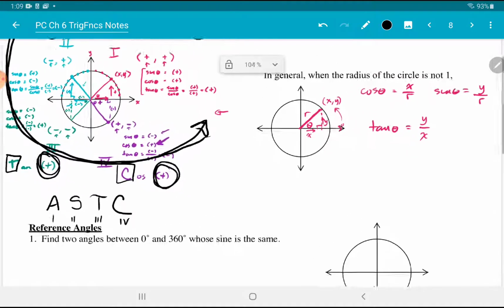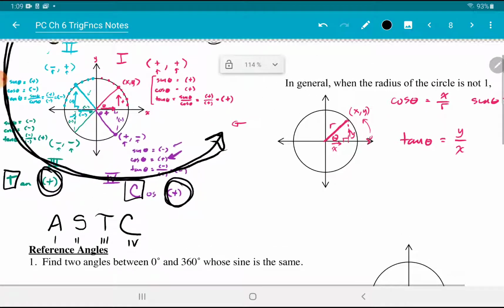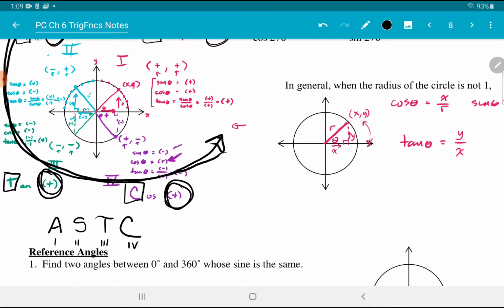Different techniques have been used to memorize this mnemonic. The most popular mnemonic that students like to remember is "All Students Take Calculus," because A, S, T, C. But if that mnemonic doesn't work for you, you can make whatever mnemonic you like.